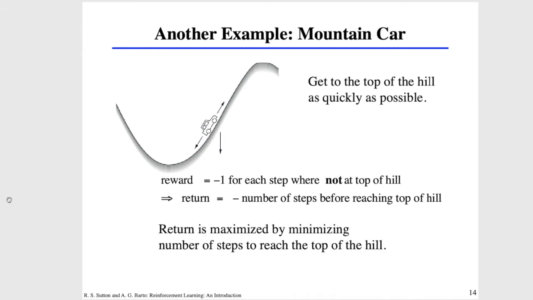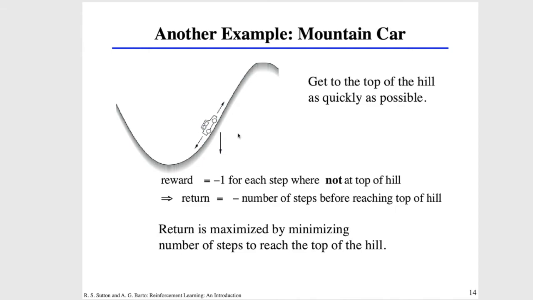Another example here is the mountain car. Here you're trying to control a car to get to the top of the hill and not fall over it and come back down. It's another very classic original problem. And so in this one, the same thing, you give it a -1.